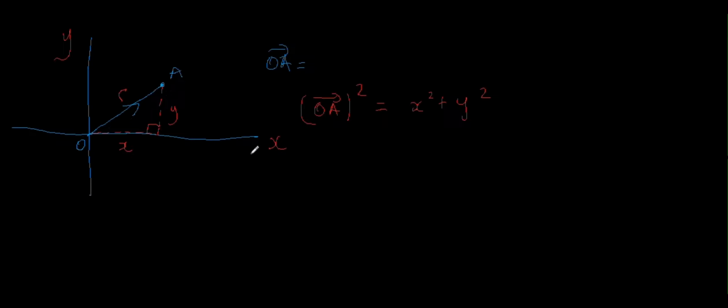So I don't know, at least that's where I think it comes from. So we could say R squared is equal to x squared plus y squared, and R is equal to the square root of x squared plus y squared. And the length of a vector is, this is the symbol.